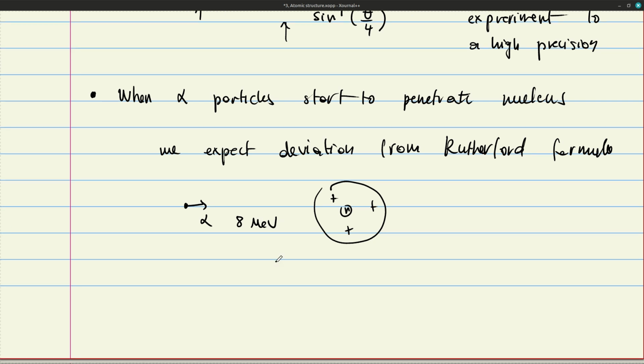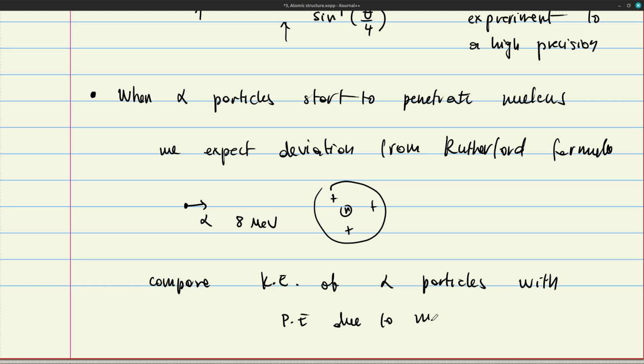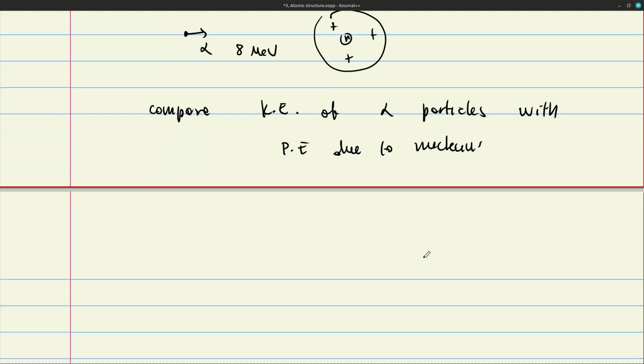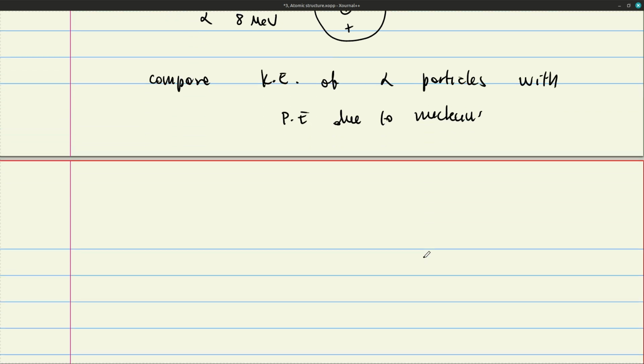And whenever I see the deviations, I can say, okay, that's when we started to probe the nuclear structure. When this happens, you can compare the kinetic energy of alpha particles with the potential energy due to the nucleus, and it is going to give you an idea of the size of the nucleus, right? So here's the picture.